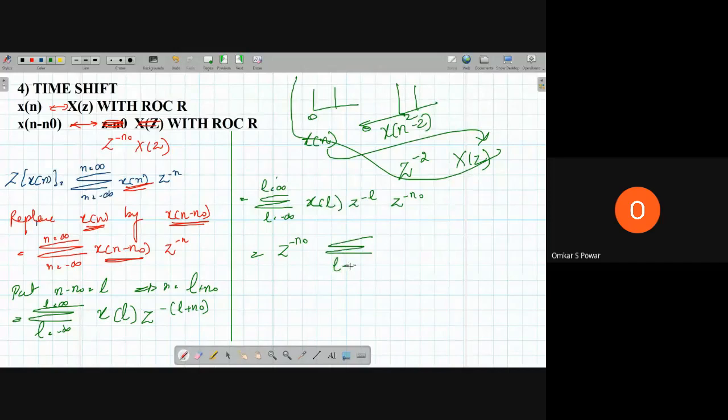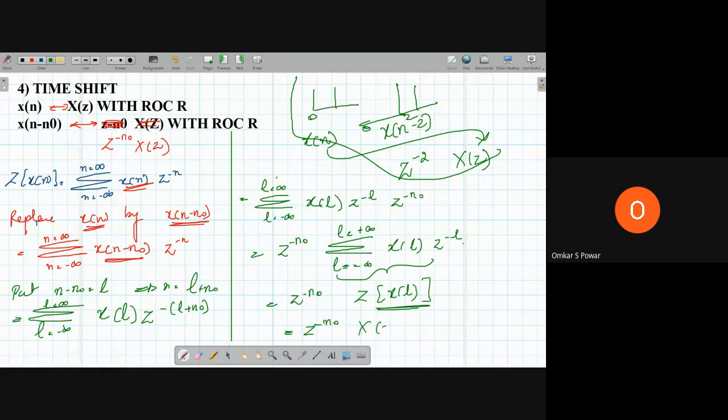Summation L varies from minus infinity to infinity x of L into z power minus L. This term is nothing but the summation n varies from minus infinity to infinity x of n z to the power of minus n, only instead of n it is L. That's the difference. So this is nothing but the z transform of x of L, which is the z transform formula. So you can write this as z to the power of minus n naught into x of z.